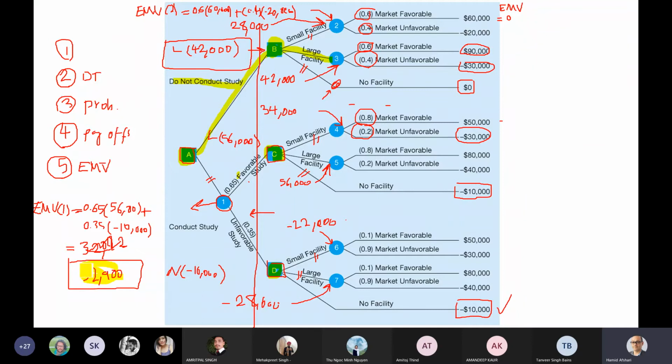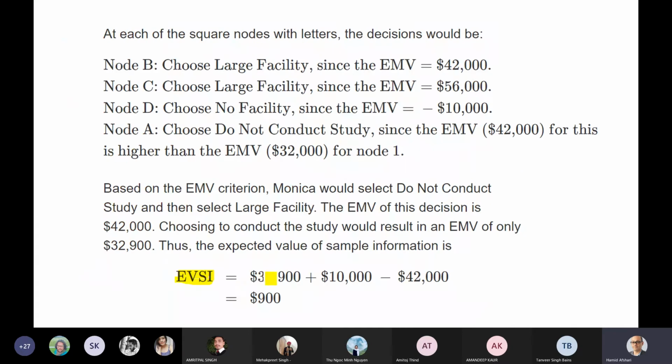If you perform sample information, the best thing that you can earn is this much money. So this money plus the cost of the survey minus the best expected monetary value, which is $42,000, is only $900. Can you interpret what $900 means?